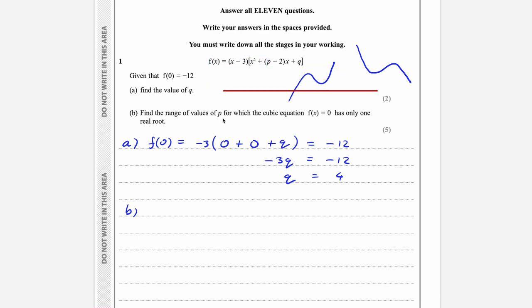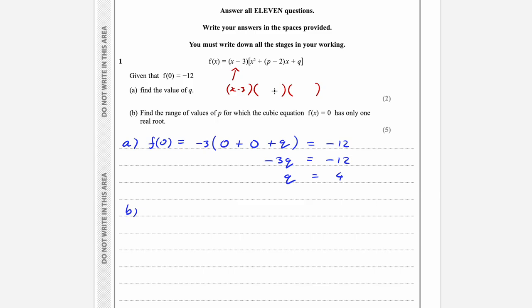So he's asking, when will it have exactly 1 root? Without even drawing it, there's a way to do this, because one of the roots is going to be x equals 3. If I sub in 3 here, I immediately get 0. So I'm going to have x minus 3, and then when I factorize this, I'll have this and this.